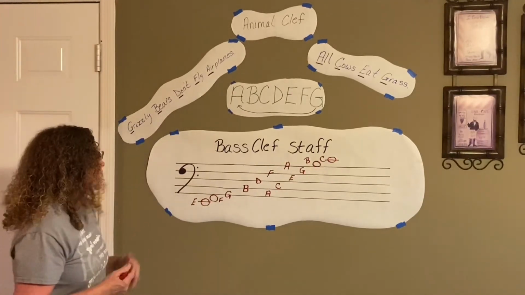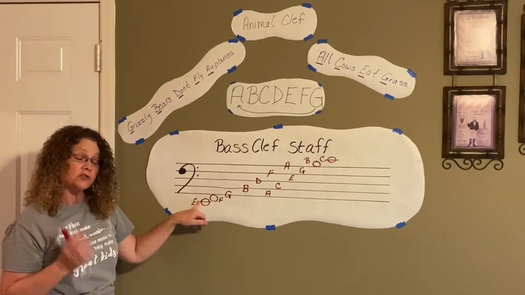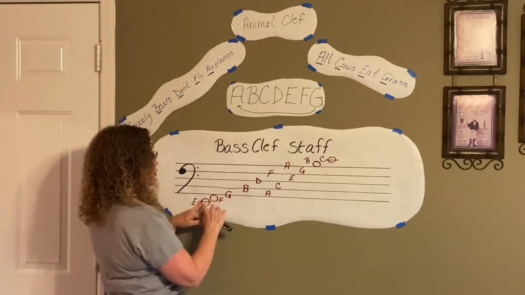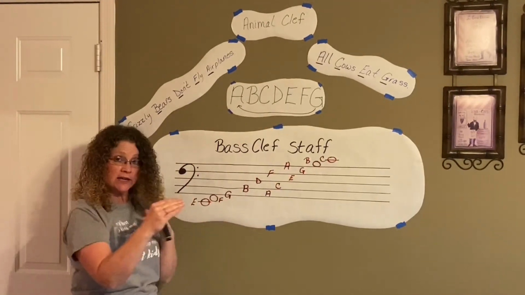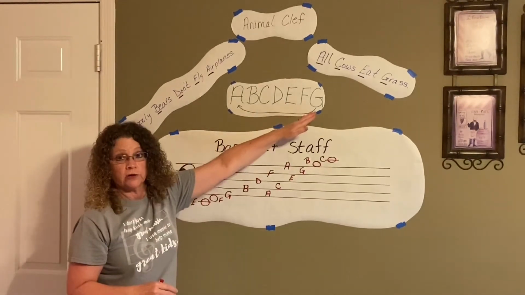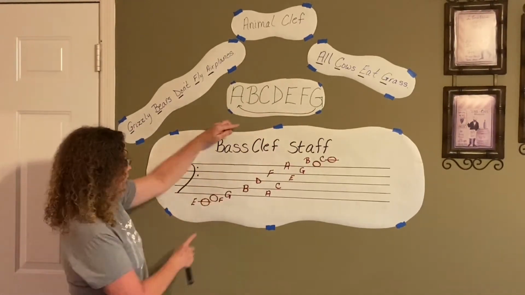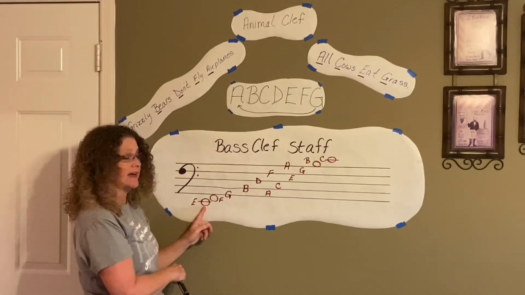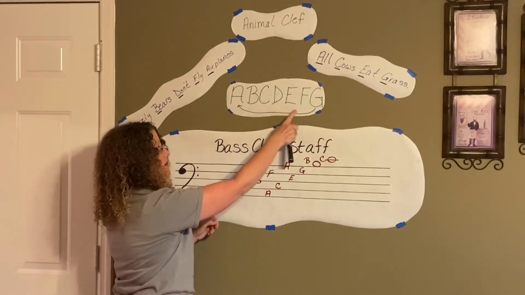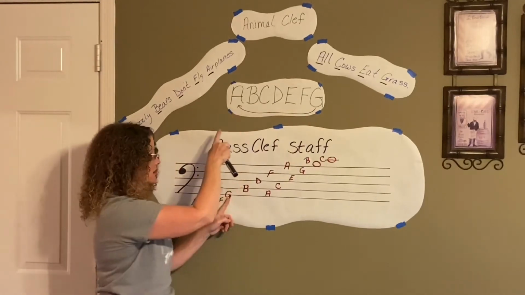Another way is, if you remember, E is 2 steps below the staff. If you start at E and you're going up the staff, line, space, then you're going to be going in alphabetical order, and coming back after G to A. So let's make sure that works. 2 steps below the staff, which is the first line, is E. We go up to the step, F, line 1, G, and we should come back to A if this is correct.